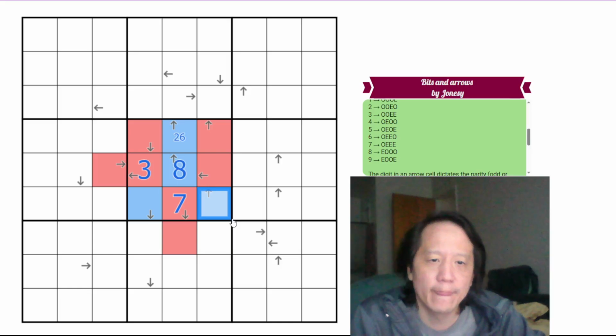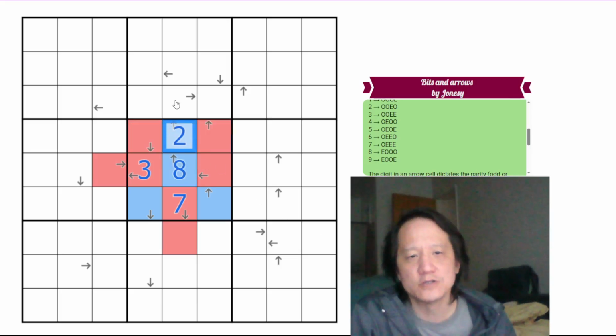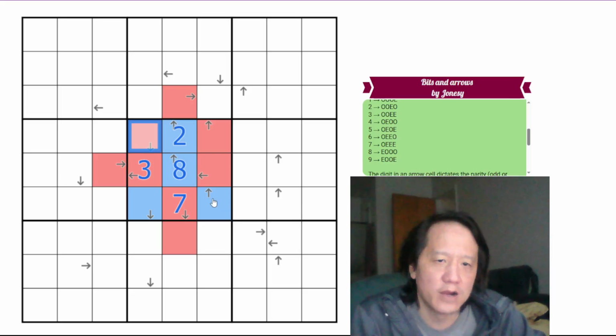Okay. 2 is odd, odd, even, odd, so that works. 6 would be odd, even, even, odd, so that does not work. So this is 2, so that would be odd, odd, even, odd. This is 4 or 6.